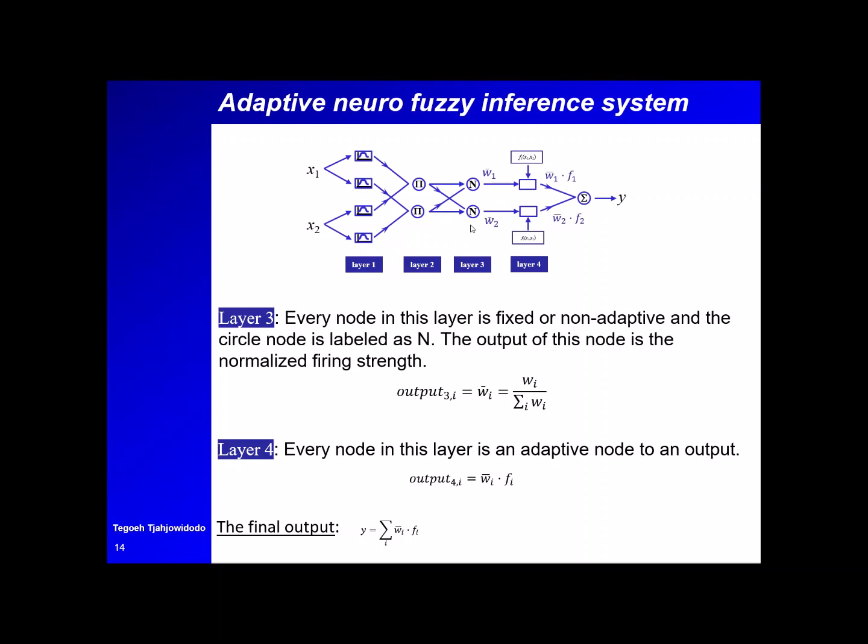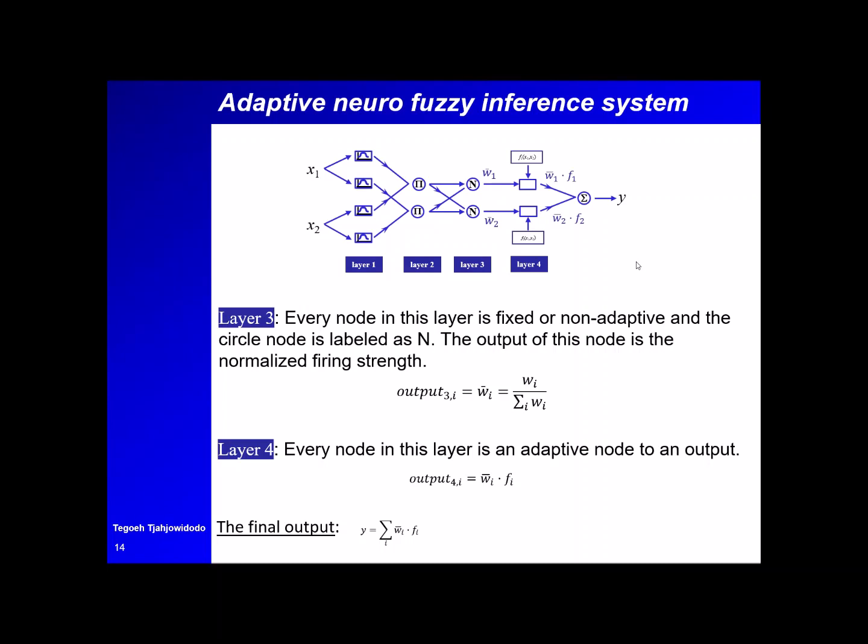You don't have to add layers. There is no such thing as a hidden layer like in a neural network. The number of layers is fixed, and there is no parameter to be tuned there. The parameters that we are going to tune in this ANFIS are only the membership function parameters and F1 and F2. But in this discussion, I'm not going to discuss how the tuning of these parameters takes place. I will only present how ANFIS actually works.